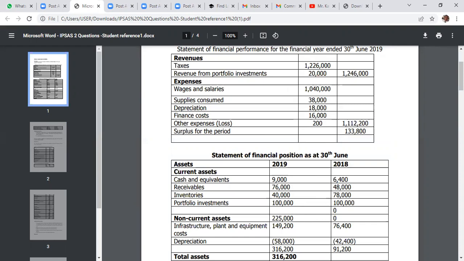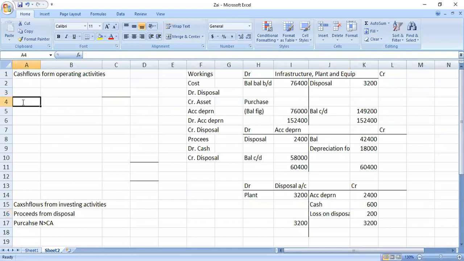Alternatively, you can include it by saying that you come under operating activities, then you say under my expenditure or expenses, I have other expenses.